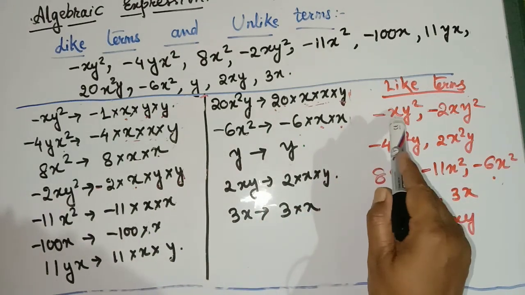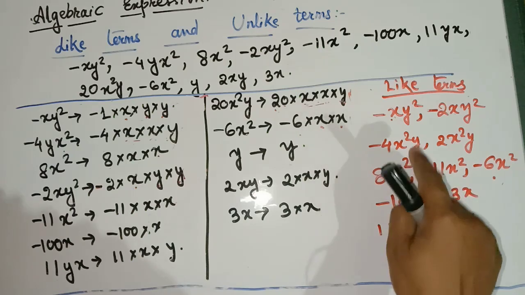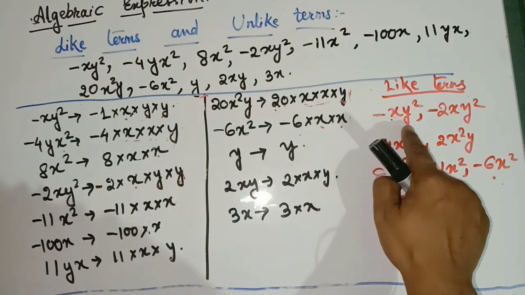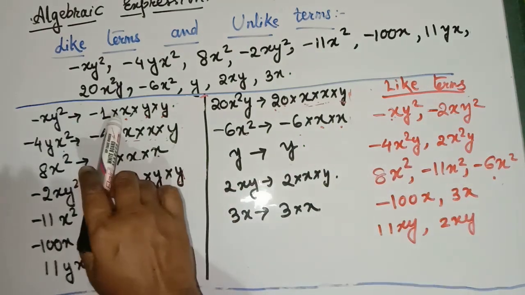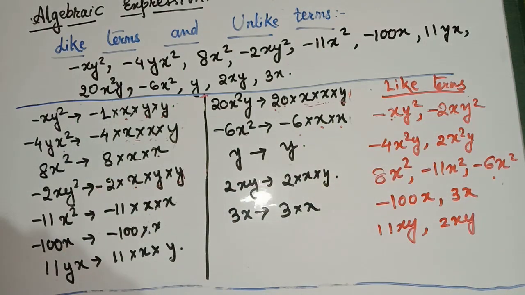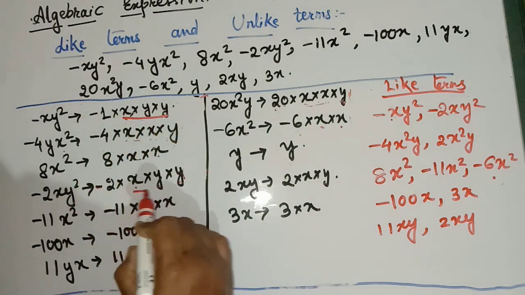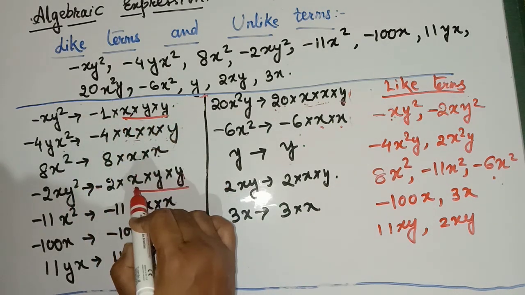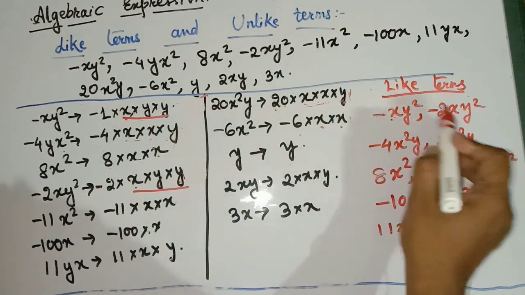Here I have written xy square and minus 2xy square, as x is 1 time and y is 2 times. Here also x is 1 time and y is 2 times. You can see from here, I am underlining. So this and this, x single time, y 2 times. So these two are the like terms.